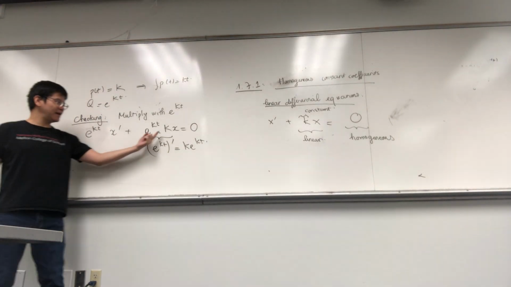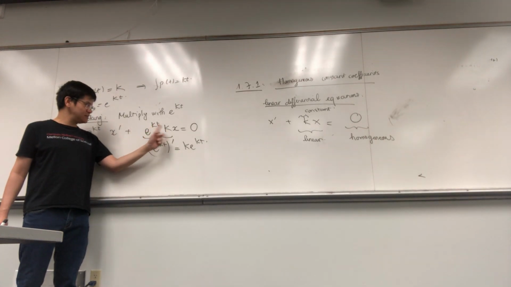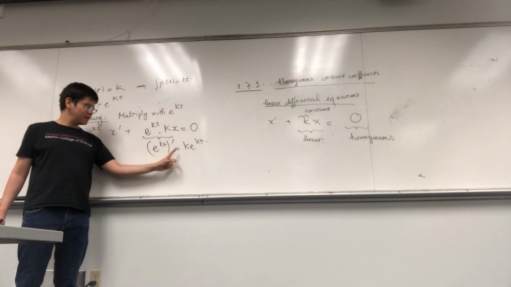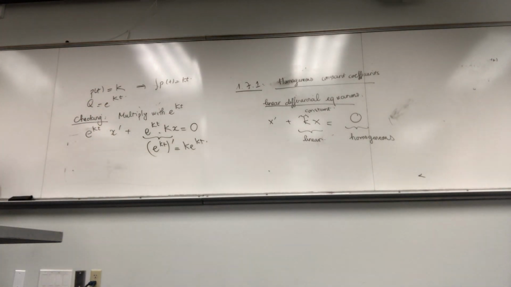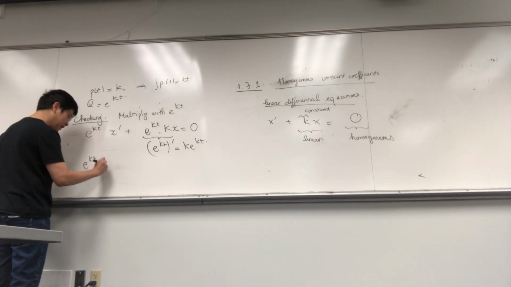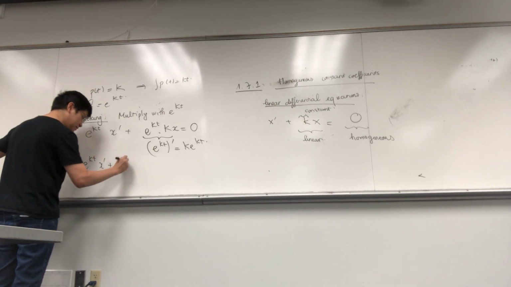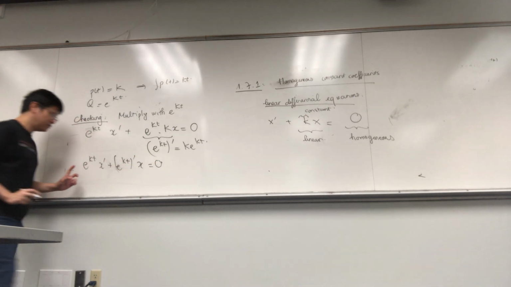Which means that this guy, you have to change into a derivative. So e to the kt times k will be e to the kt prime. So e to the kt prime is of course k times e to the kt, which means that you have e to the kt x prime plus e to the kt prime x. This is 0, right?